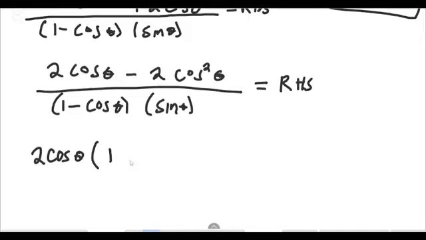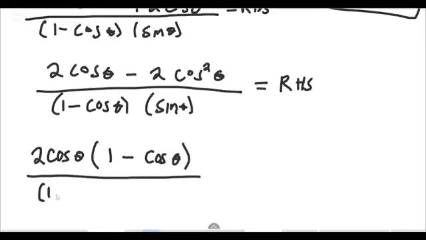Minus this 2 and this 2, it's a 1. Cos theta into cos squared theta, so the cos squared theta, there are 2, then you get rid of 1 cos theta and remain with just cos theta. So we have factorized the numerator there. Then you divide by 1 minus cos theta.